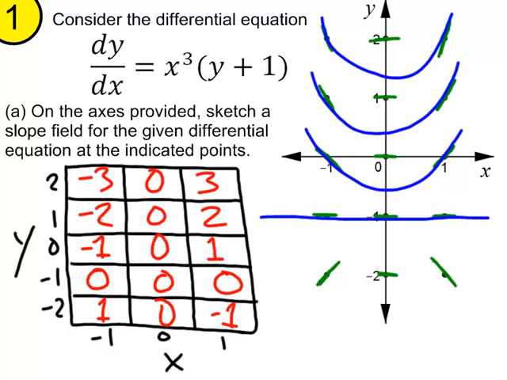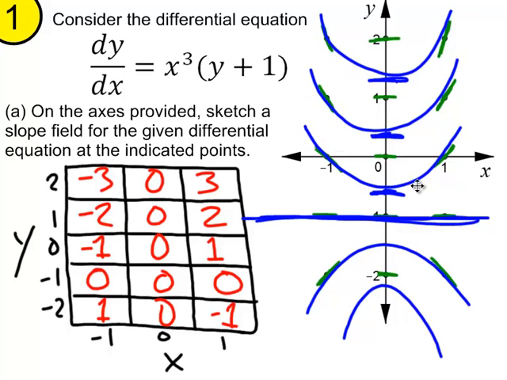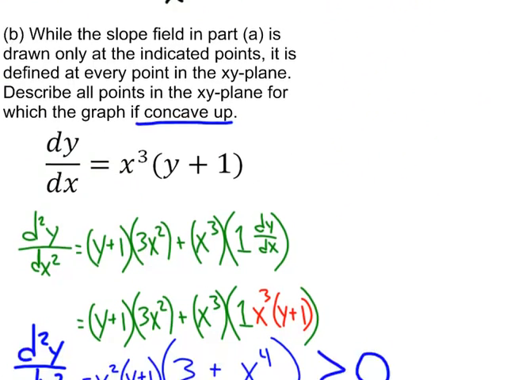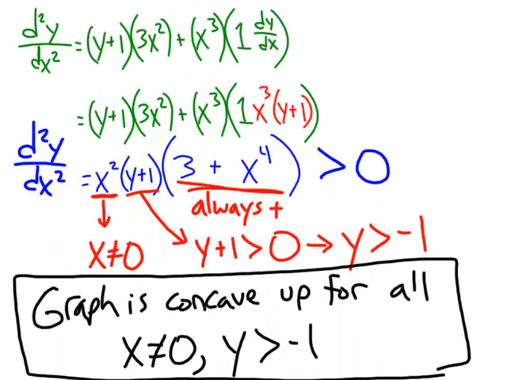But notice it is important that we made that distinction, that right at these center points right here, technically the graph is not concave up right at the y-intercepts. And sure enough, anywhere below the y equals -1 line, we're going to have frowning graphs, concave down graphs. Okay, so as I said, even if you kind of saw that coming from part A, you still really need to get used to showing the algebraic and calculus backup for your answer.